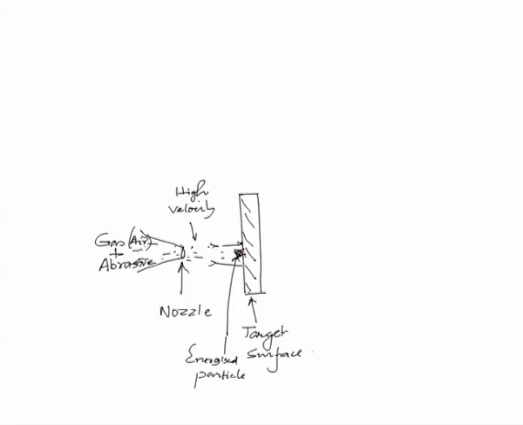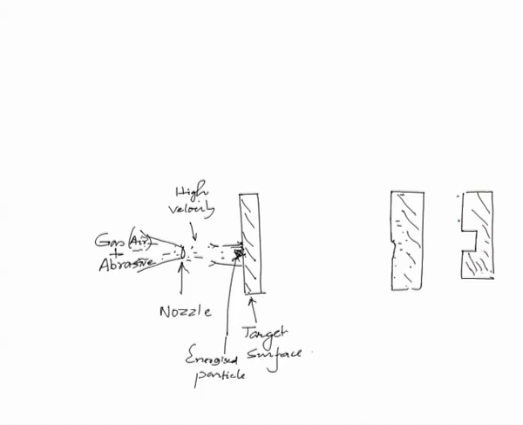Because of these stresses, this material will get fractured, and on subsequent impact on this surface, the material will finally get removed like this. So, this portion is removed, and finally, if we continue this, the material will get cut according to the size of the jet, and this is like this.